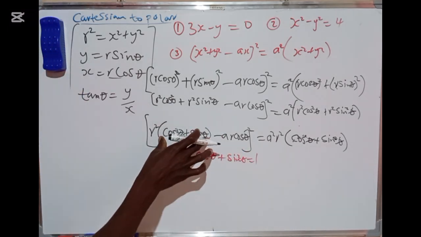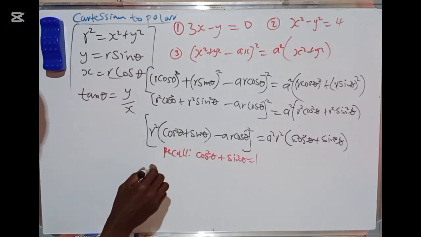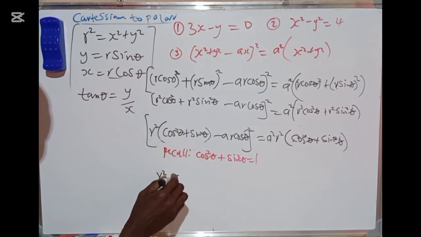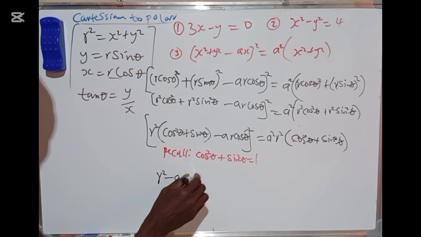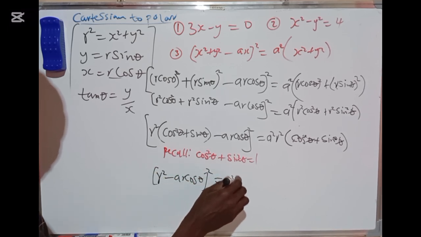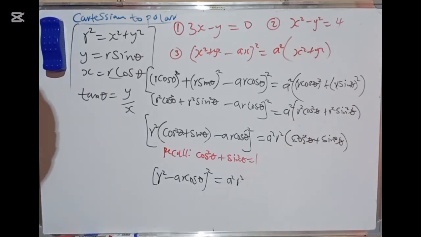Therefore, it's just like multiplying by 1. So we have r square minus ar cos theta, then squared, is equal to a square r square. This one is 1, so you don't need it anymore.